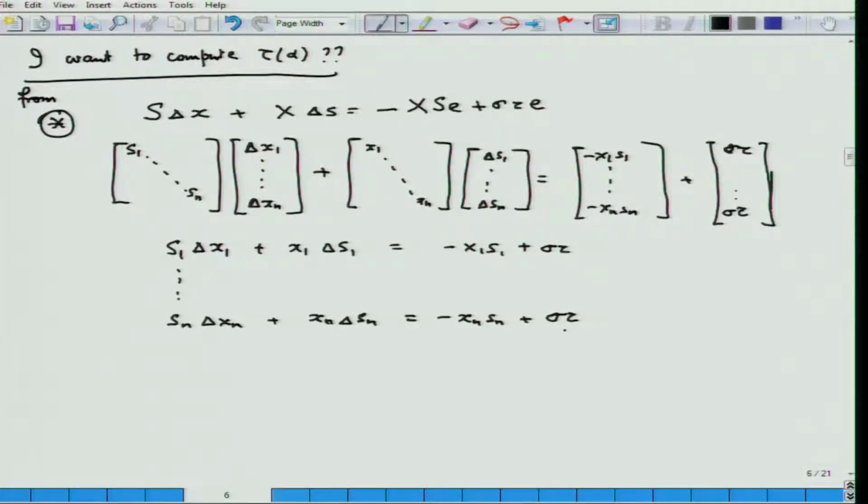Now, I will write the definition of sigma tau and then you will immediately see this will give me the sum.